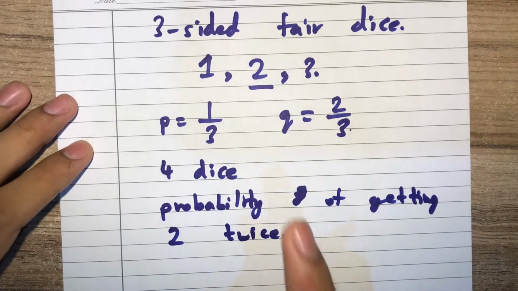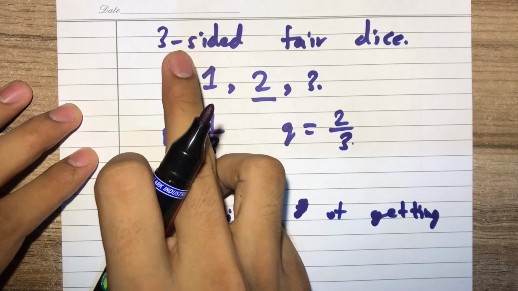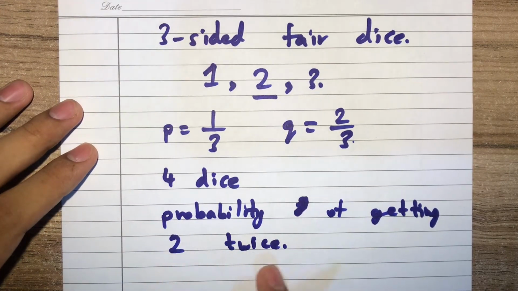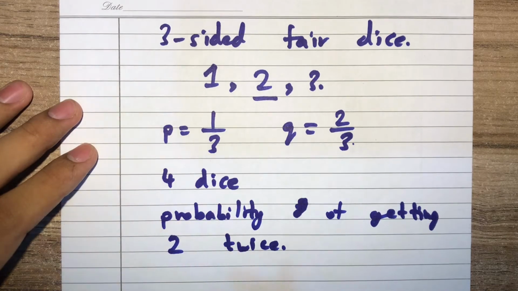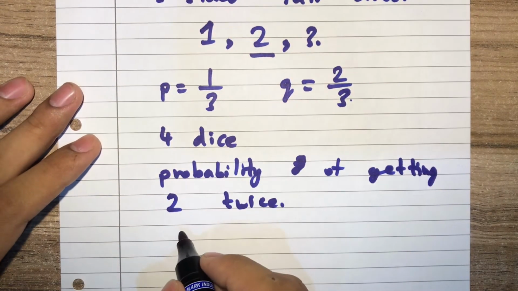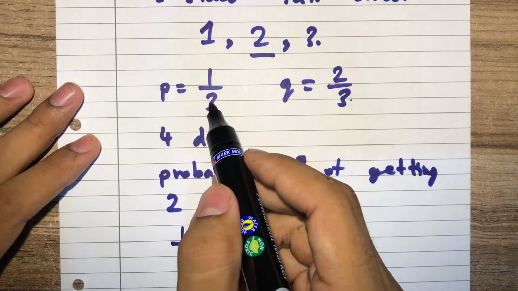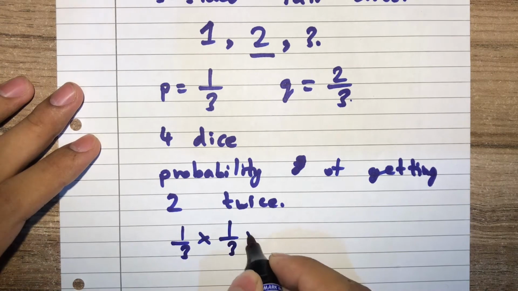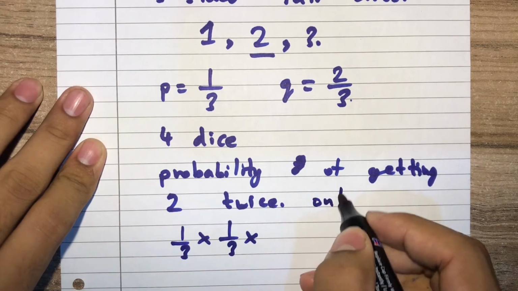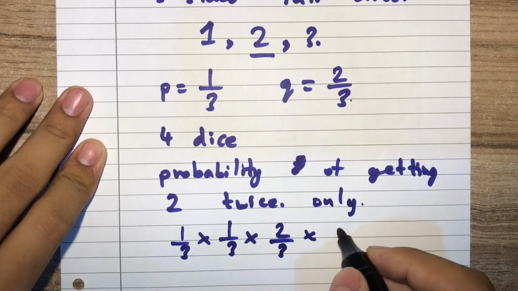So we are throwing this dice, like we have 4 of these dice and we're throwing them one by one, and we have to get 2 twice. So the probability of getting 2 on the first dice would be 1 over 3. If we get 2 again on the second dice, that's 1 over 3. Now on the next 2 dice we can't get 2 because you have to get 2 only twice. So then it would be 2 upon 3 for the next dice, and for the fourth dice again 2 upon 3, right?